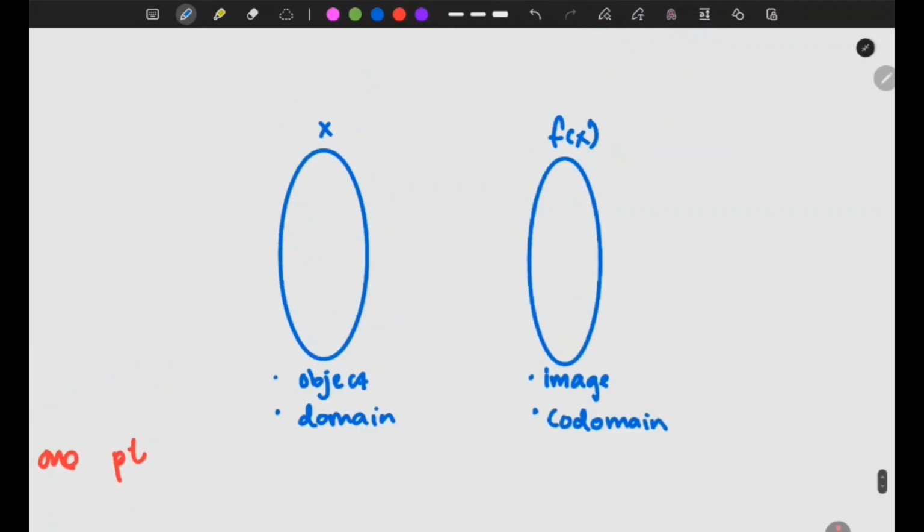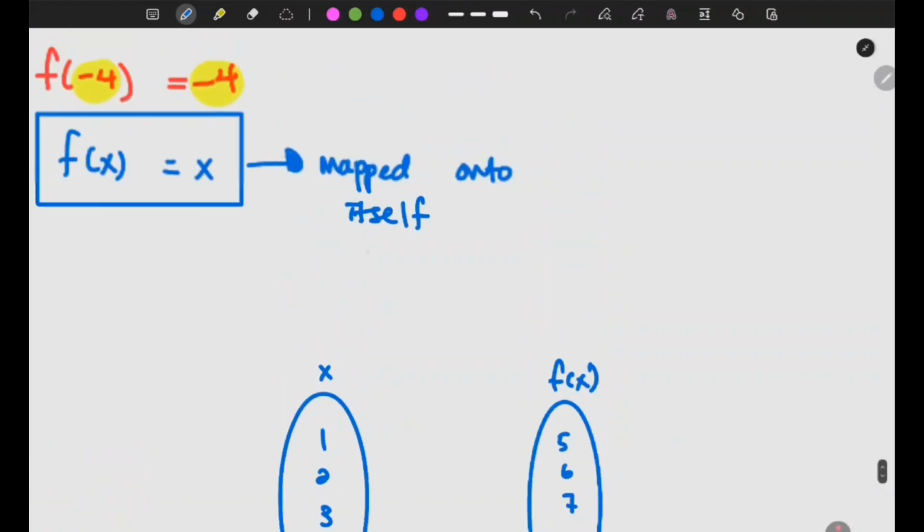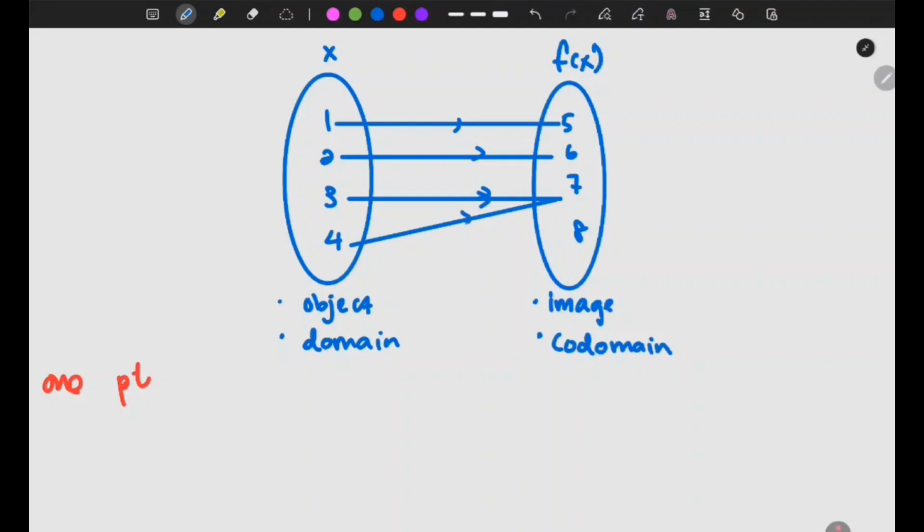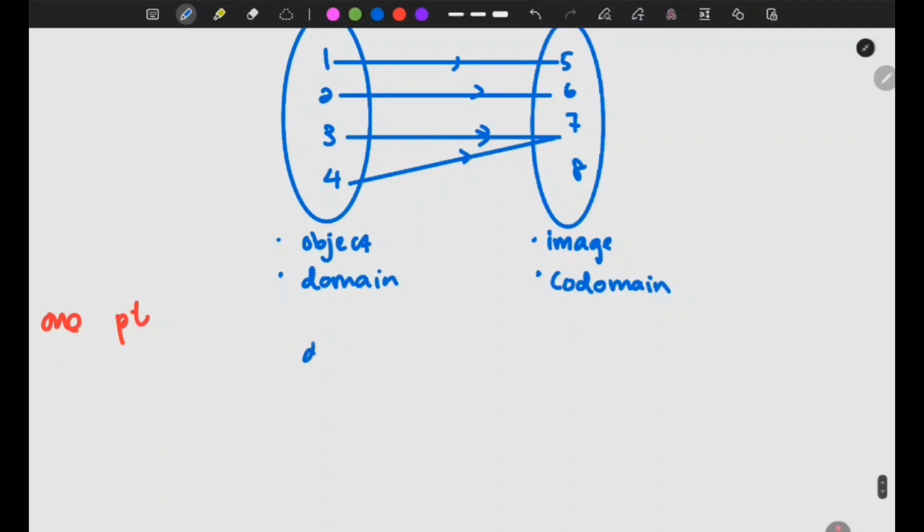Don't forget that. And for example, I have 1, 2, 3, 4, 5, 6, 7, 8. 1 related with 5, 2 with 6, 3 with 7, and 4 with 7 maybe. So what is your domain if they ask you?